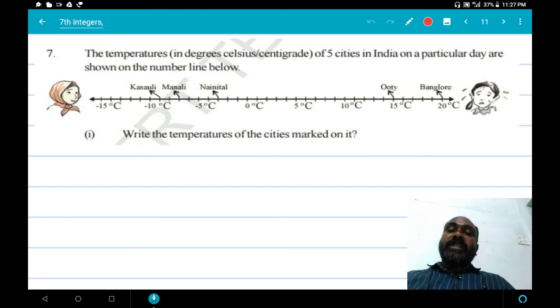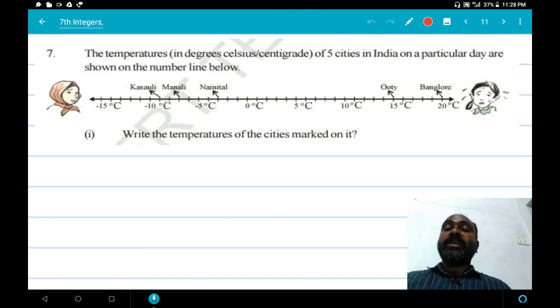Listen: the temperatures in degrees Celsius, centigrade. Here it is given that the temperatures of 5 cities, Kasauli, Manali, Nainital, Ooty and Bangalore, 5 cities in India on a particular day, are shown on the number line below.